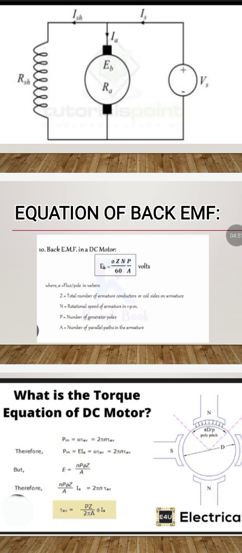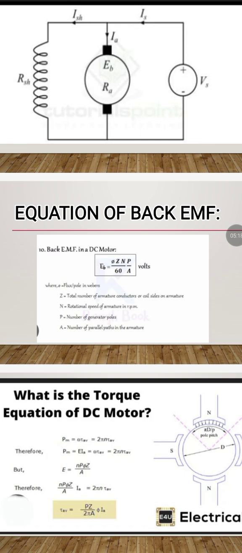We have V equal to EB plus IA RA. Multiplying this equation by IA, we get V into IA equals IA EB plus IA square into RA.